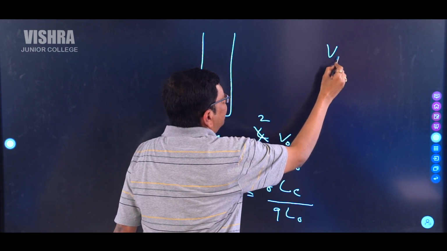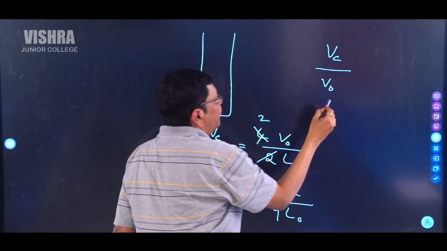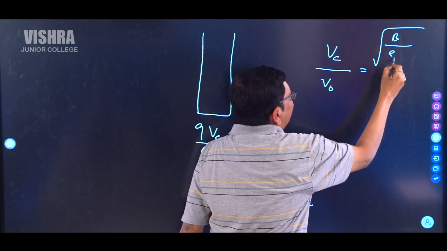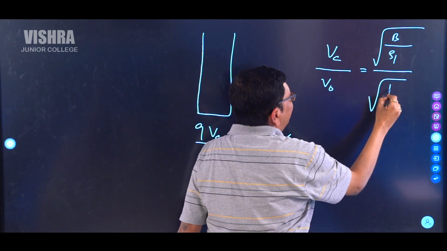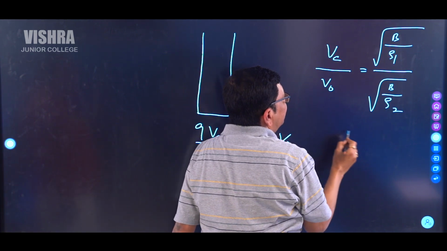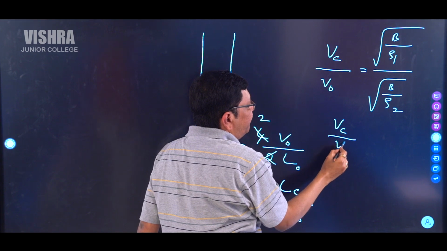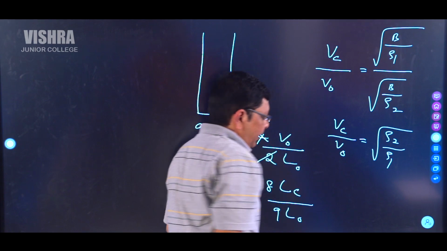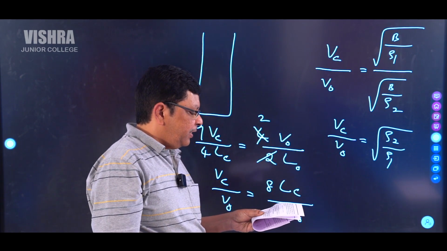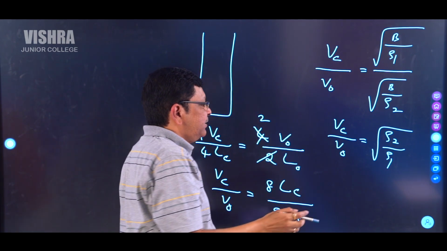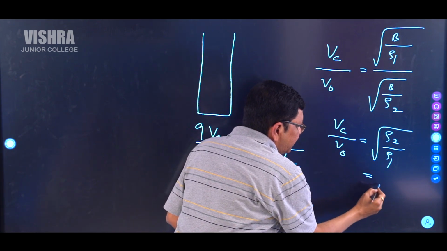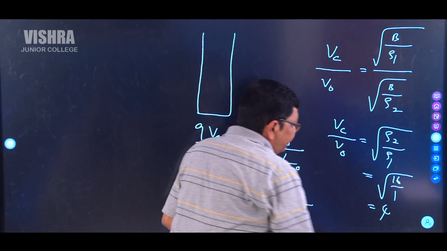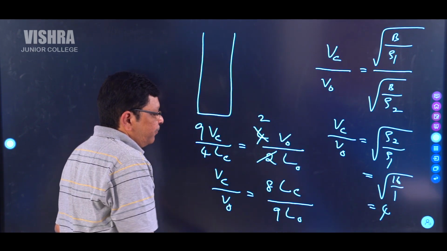The velocity of sound in closed divided by velocity of sound in open is under root of bulk modulus divided by density in closed, over bulk modulus divided by density in open. So the velocity of sound waves in the two pipes are in the ratio under root of rho 2 upon rho 1. The ratio of the densities rho 1 and rho 2 given in the question is 1:16. So rho 2 upon rho 1 is 16 upon 1. Root of 16 upon 1 is 4. So this ratio is 4.